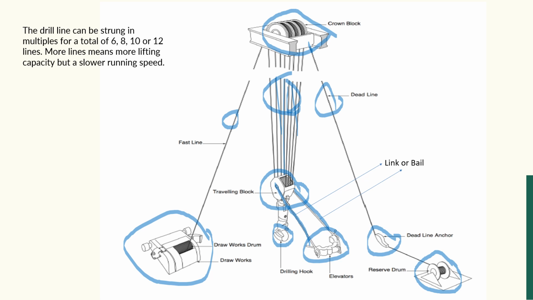If it completes one cycle, it means 2 lines. If it completes 6 cycles, it means 6 into 2, we have 12 lines. Okay, so this is the thing about the hoisting.